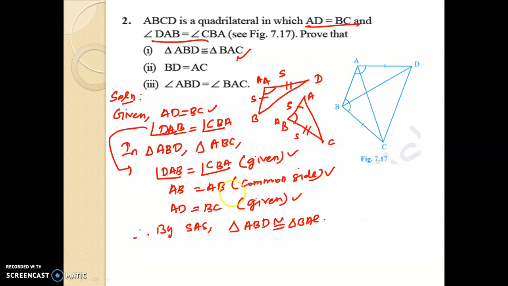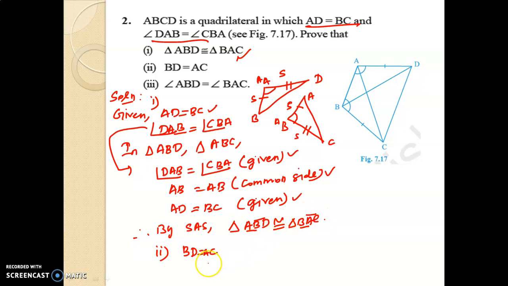And in the second subdivision, they are asking to prove that BD equal to AC. Already we know that in the first subdivision, these two triangles are congruent to each other. What about their sides? This AB equal to this AB, and this BD equal to this AC.